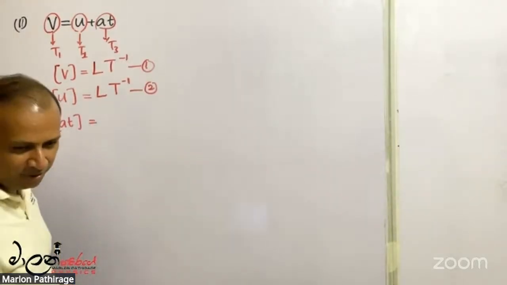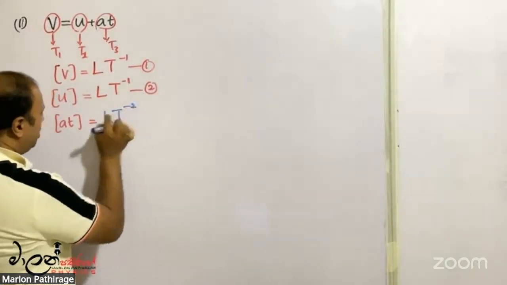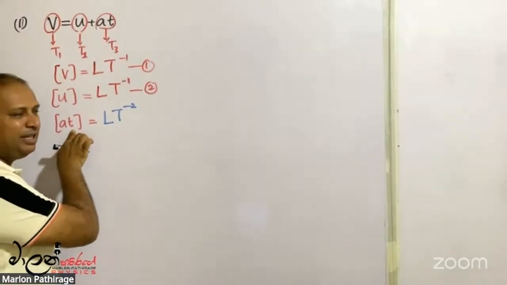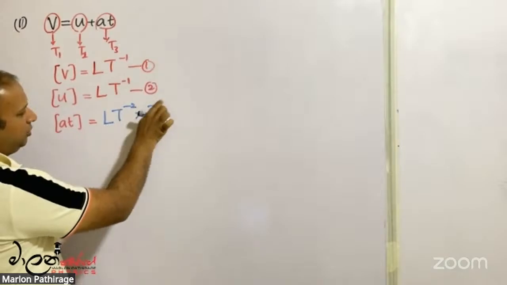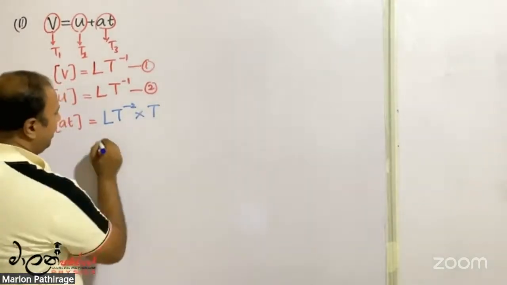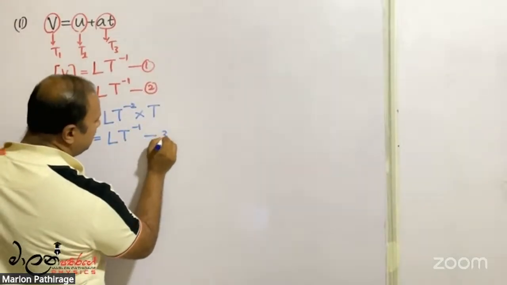LT minus 2 multiplied by T, where T means time. Then T to the minus 1 is left, because T cancels out. Therefore, this is LT minus 1.